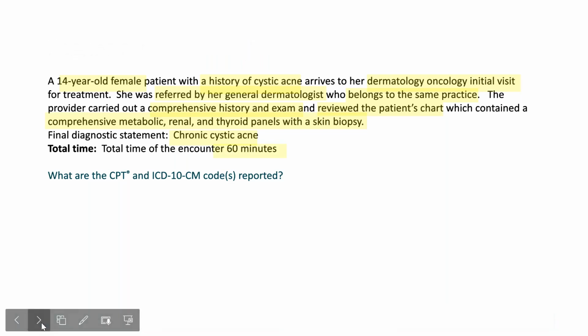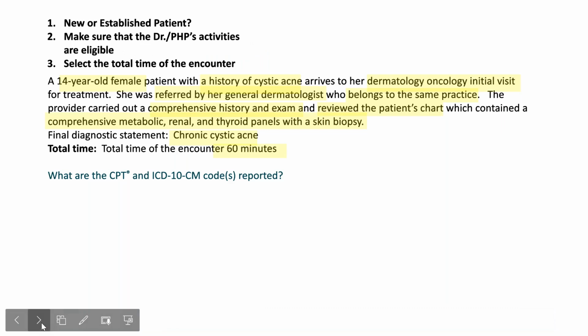So if we look at our scenario, is this a new or established patient? We're going to figure that out first. She's visiting a dermatology oncologist for an initial visit for treatment. She's referred by a general dermatologist in the same practice.